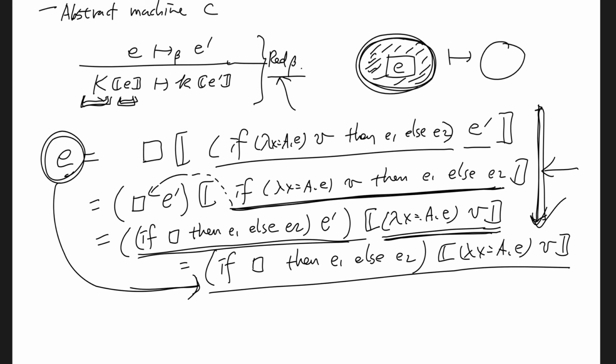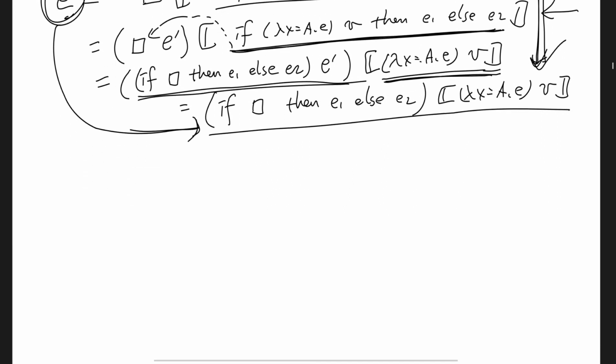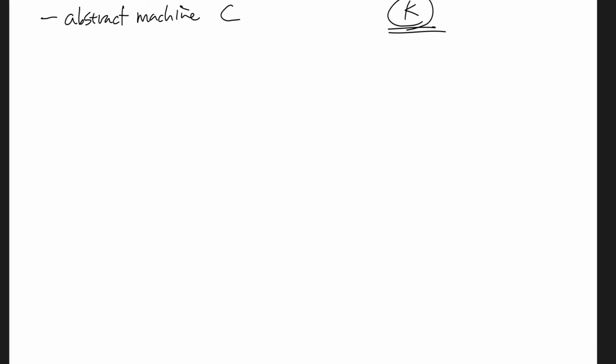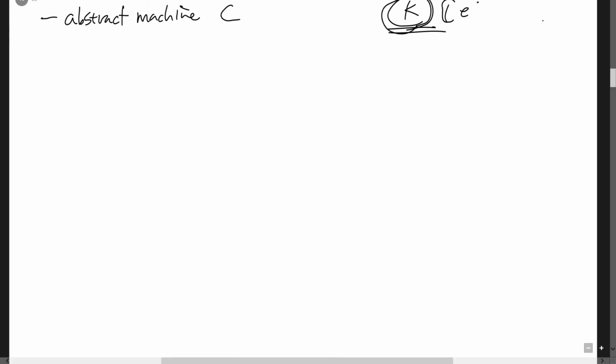Let's develop this idea further. So in the case of abstract machine, previously we used this evaluation context kappa, but the downside of using evaluation context kappa is that the analysis is implicit. Some oracle is going to tell how to decompose the given expression into two parts, this evaluation context and redex.